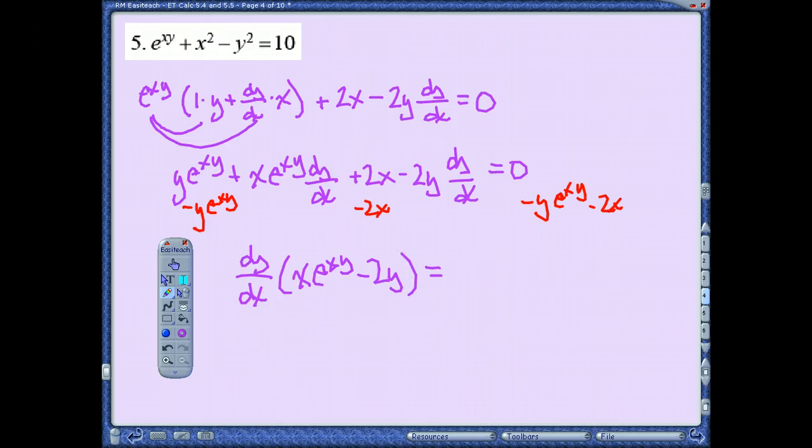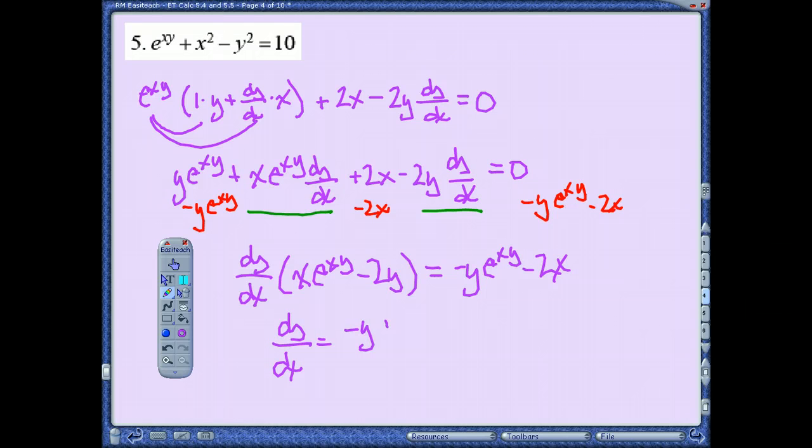Did a little multitasking there. Think about it. So once I pull the non-dy dx terms to the right side, both of the terms that were left had a dy dx involved, so I just went ahead and factored that out all at the same time. And then I'm going to divide.